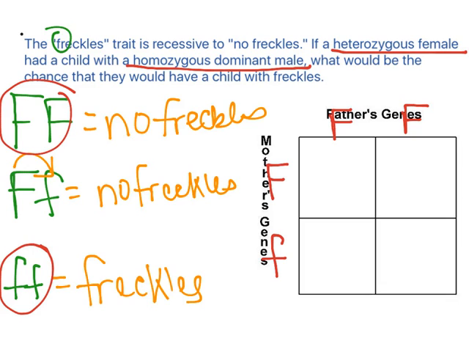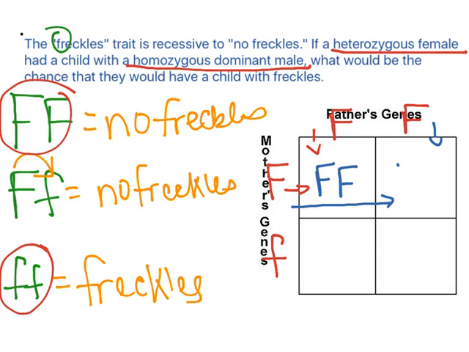When I cross this, I need to make sure I put all these letters in the correct box. So I'm going to go ahead and cross big F here and big F here. So I'll have big F, big F. Then I need to put this big F here and this big F here.